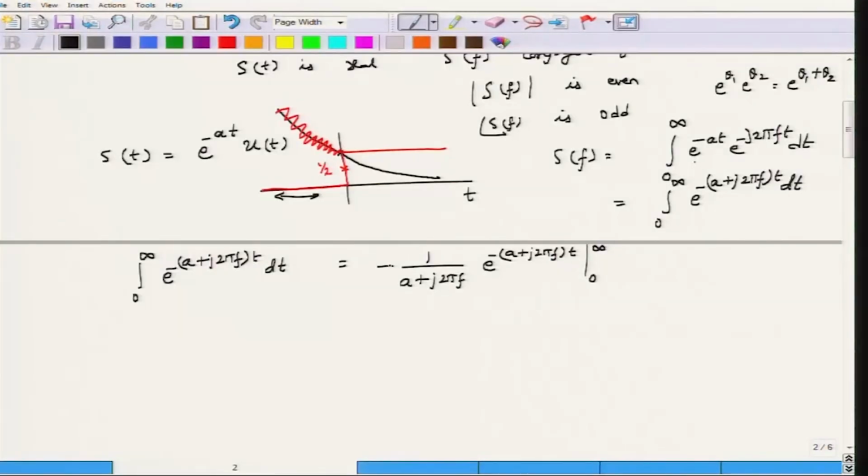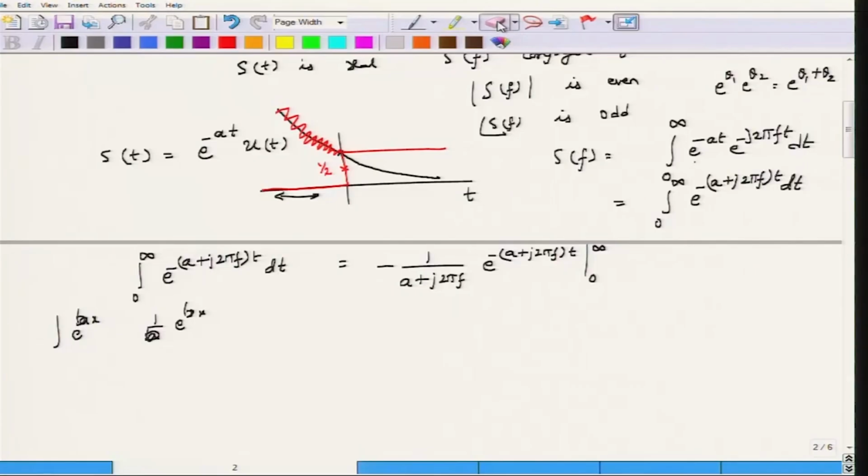This is a small correction: there has to be a minus sign, because the integral of e to the power b x will have 1 by b times e to the power b x. Here we simply identify that b is negative, because you have e to the power minus some quantity times t.